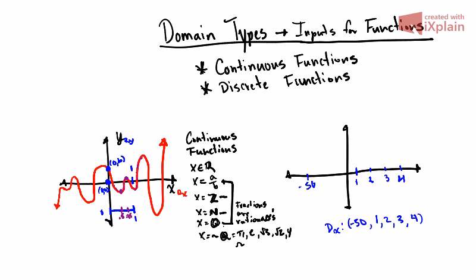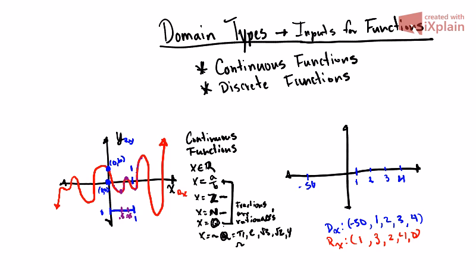I cannot plug in any other numbers in between. Along with that, the range is going to be, let's say, negative 50 gives me a value of 1. I'm going to get 3 at 1, 2 at 2, 4 at 3, and then 0 at 4.